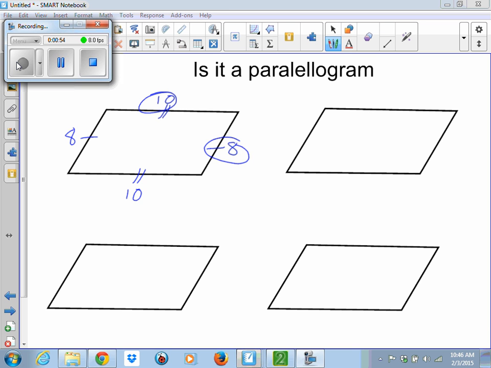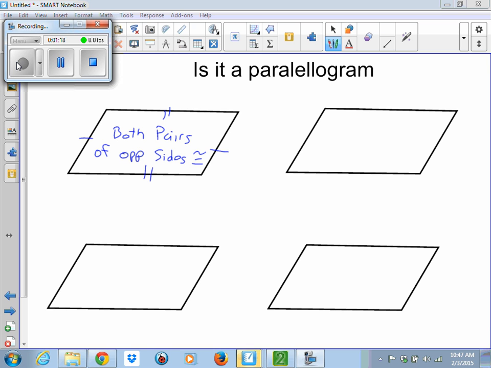You could have all sides are congruent, or in a coordinate plane, you can measure them and figure it out that way. So the first way is we have both pairs of opposite sides are congruent. Okay, if you know that, then you know for sure that it's a parallelogram.